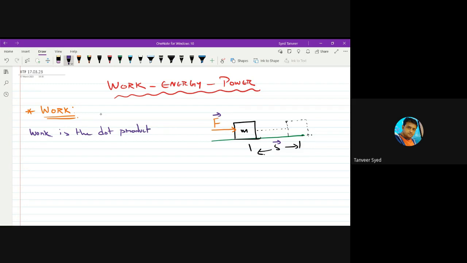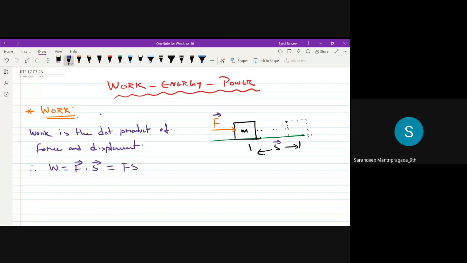Work is the dot product of force and displacement. If I write it mathematically, work is equal to F dot S. What is F dot S?